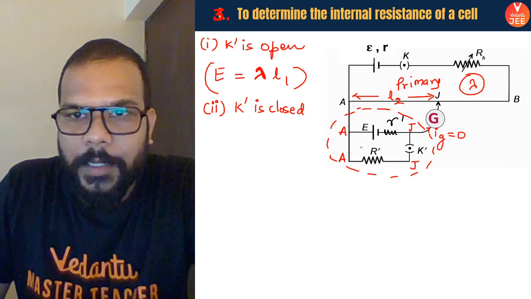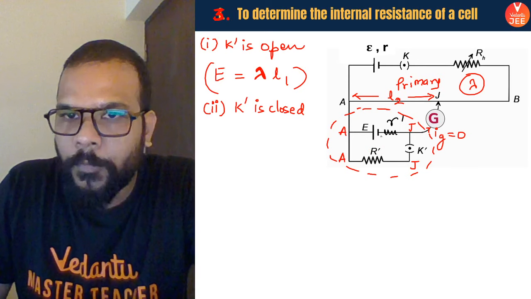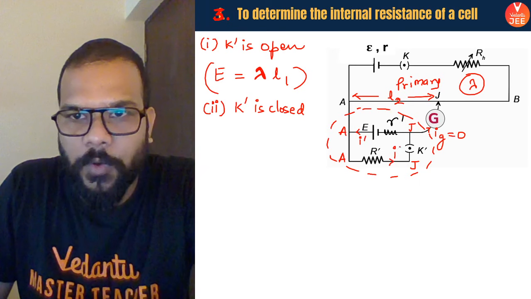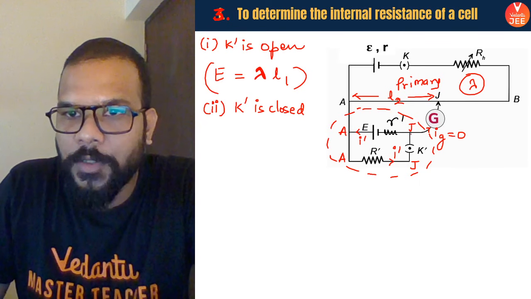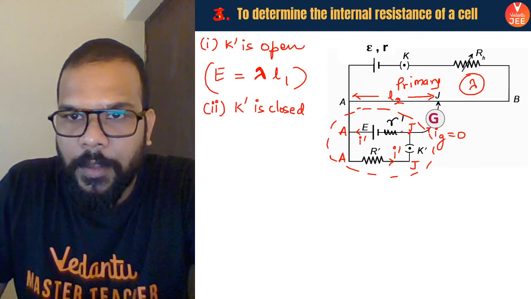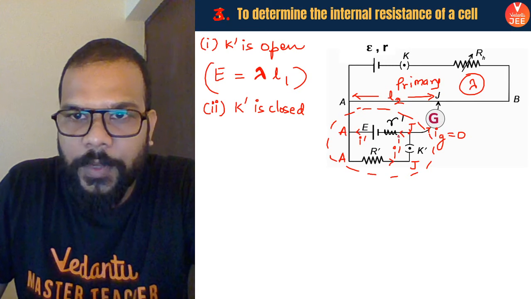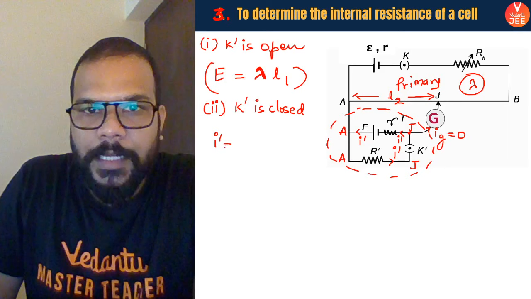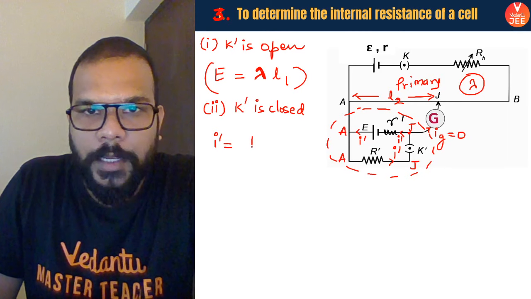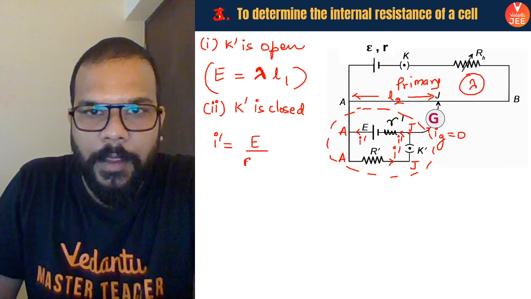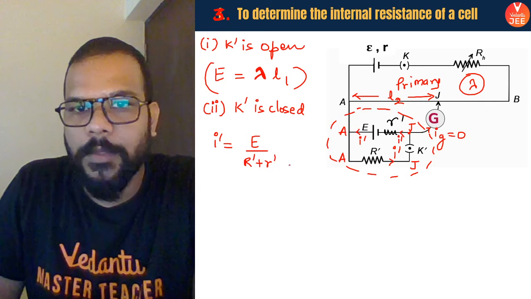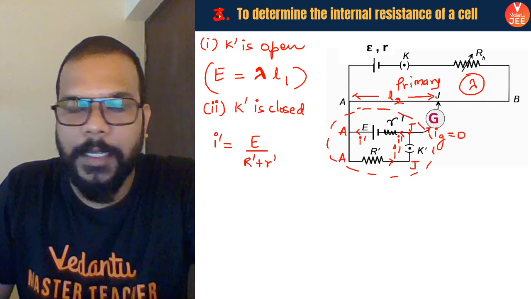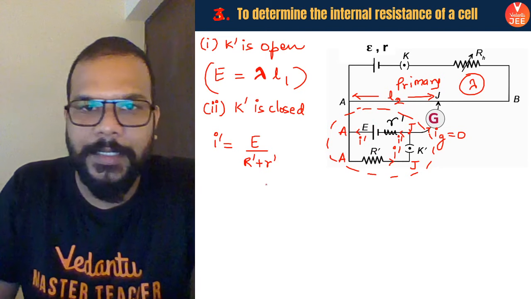Now what has happened in the secondary circuit, you have some current I dash which again starts to flow. Yes, there is no Ig going over there, but we have I dash which is flowing in the secondary circuit, which I can say is going to be E divided by R dash plus small r dash, because now this is behaving like a circuit which has one battery and two resistances.